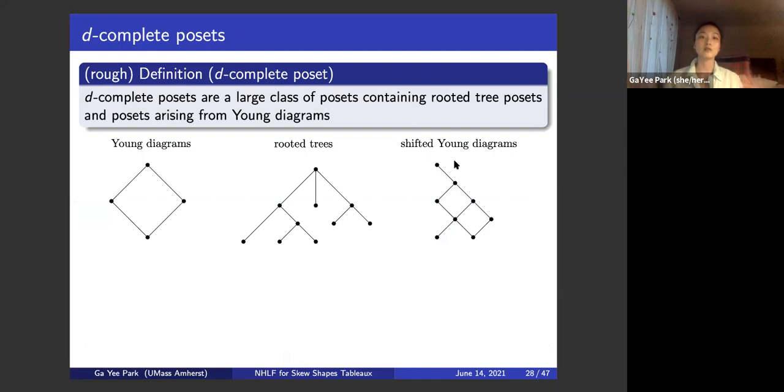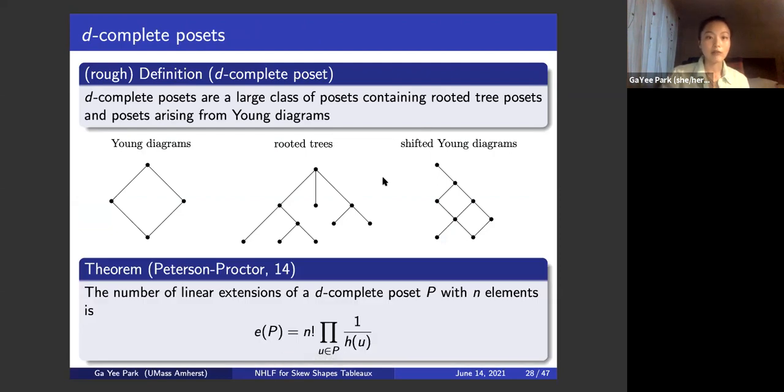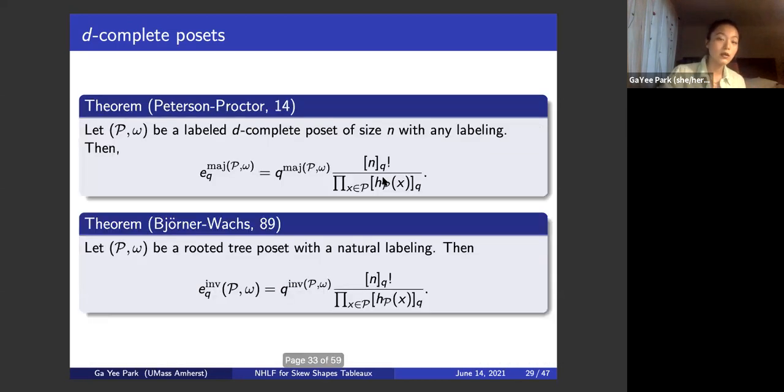And one of the reasons to group them into such a large family is that they behave very nicely in a sense that they all have this product formula to count the number of linear extensions. They also have it for the major index. So here we have the product formula for the major index for any labeling of the poset. And also for the inversion index as well, with a couple of conditions.